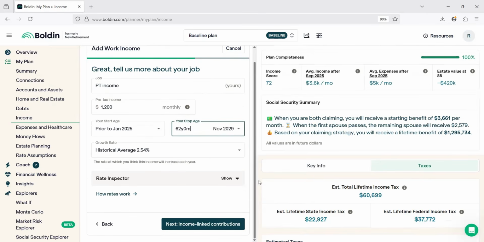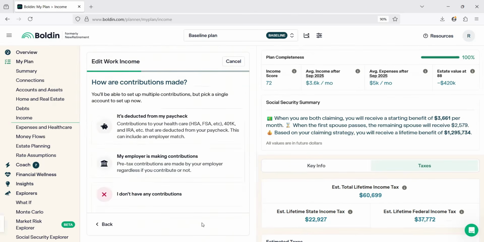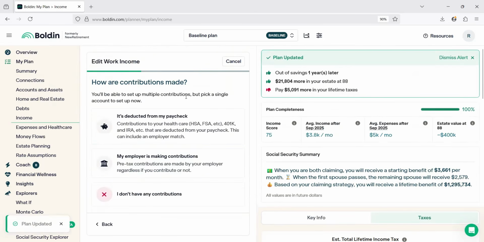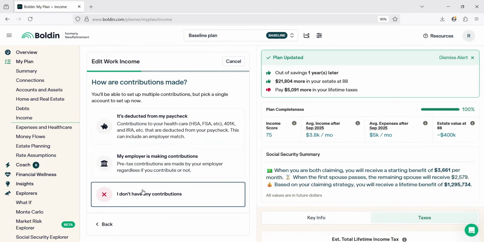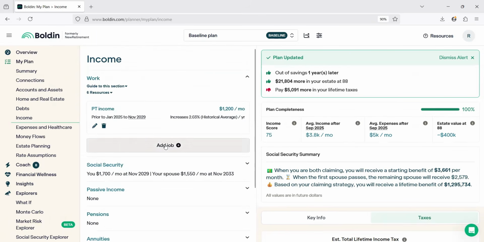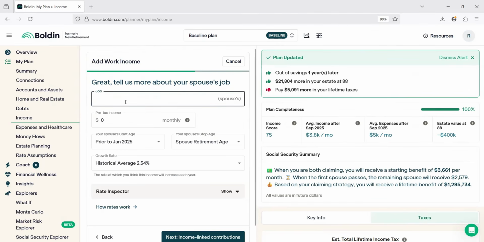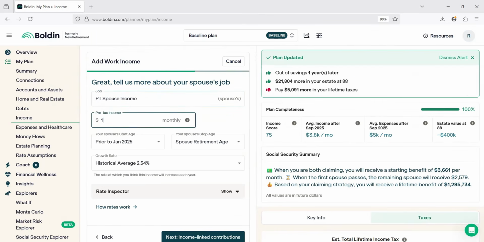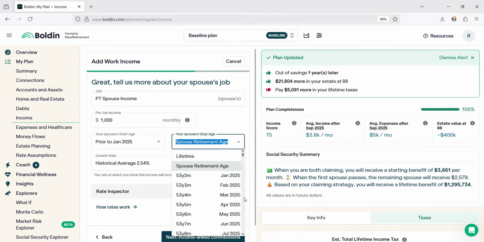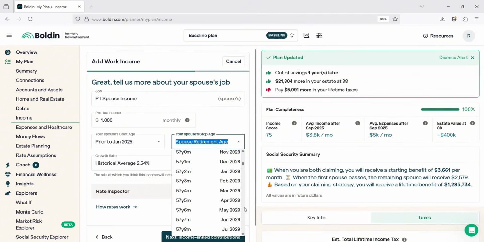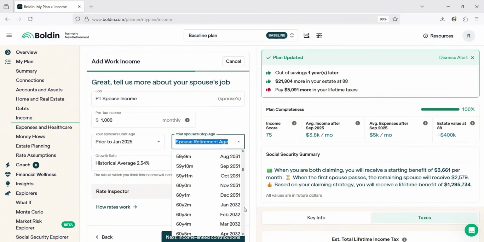Okay. And we're not contributing to anything. And then the spouse is also, they're only going to pick up $1,000 a month, until they start collecting, that's 62.